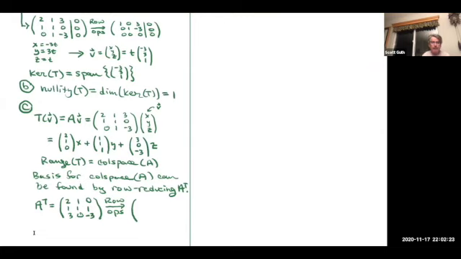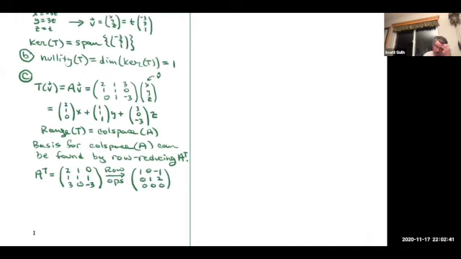Okay, so what that becomes is 1, 0, -1, 0, 1, 2, and then the third row zeroes out, which means this is two-dimensional.